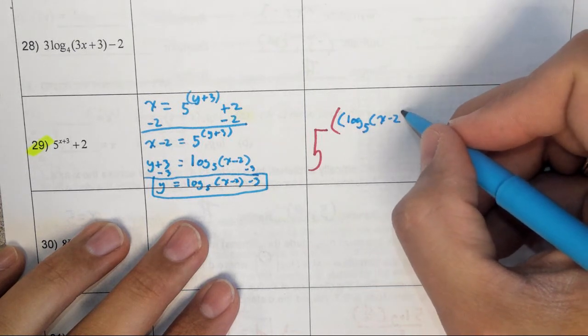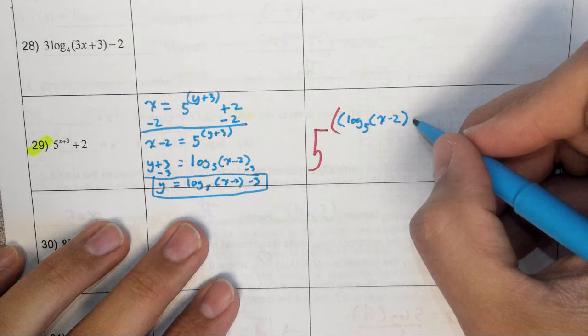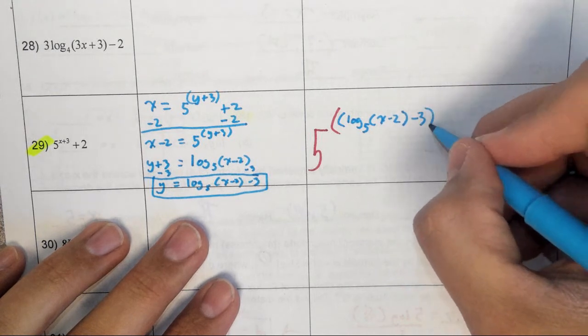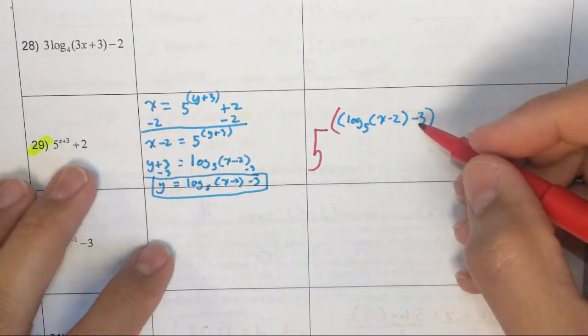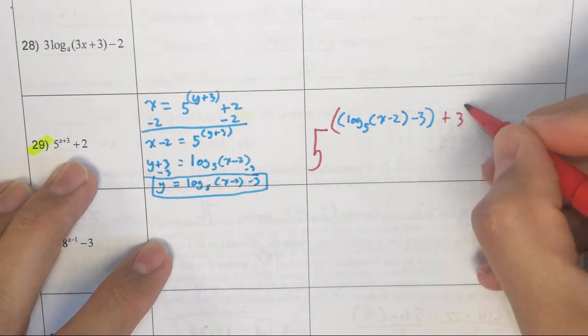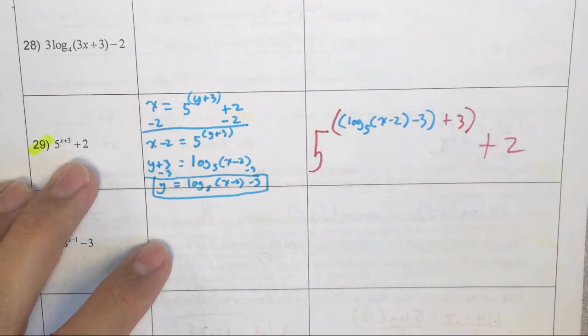Minus 2, minus 3, and then we're going to go back to this, plus 3, plus 2.